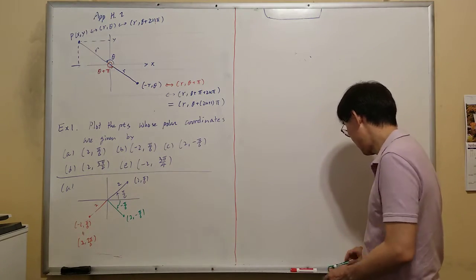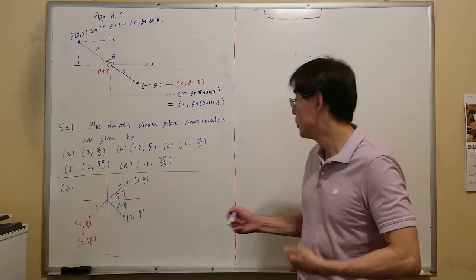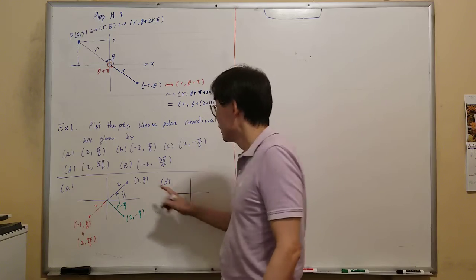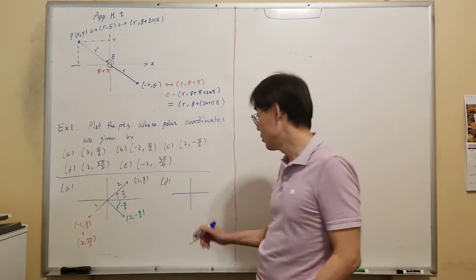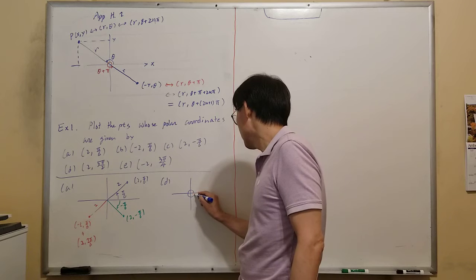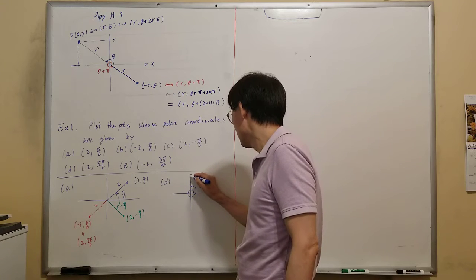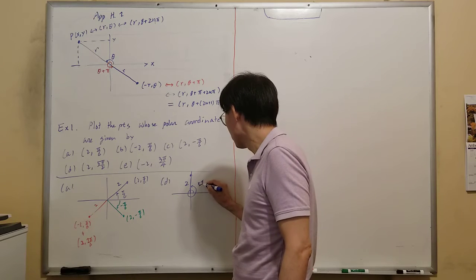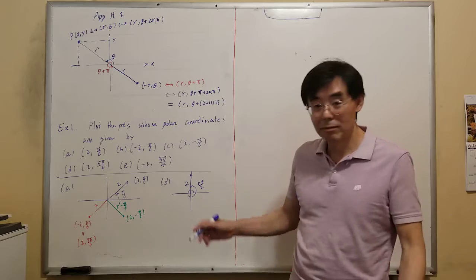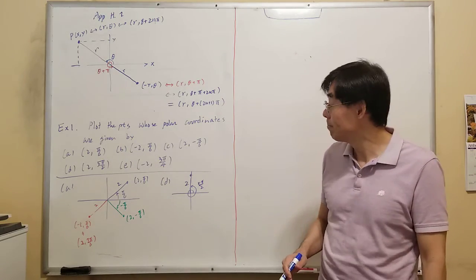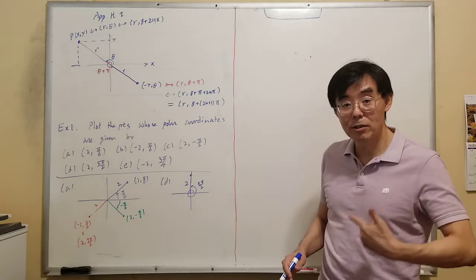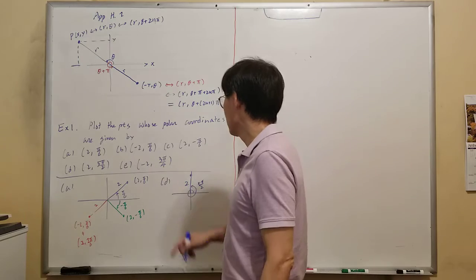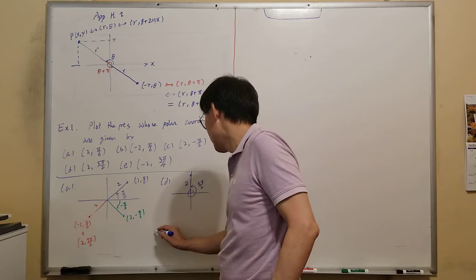D. 2, 5 pi over 2. 5 pi over 2 is 2 pi plus pi over 2. So you're going one turn and then pi over 2 more. So over here. The distance is 2, so this is the same as 2, pi over 2, right? Adding 2 pi or an integral multiple of 2 pi will get you where you started. E. Minus 2, 3 pi over 4.